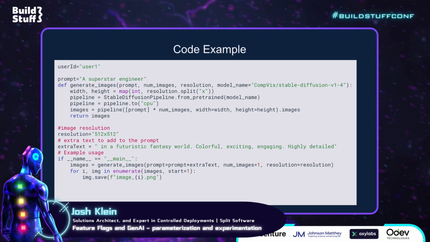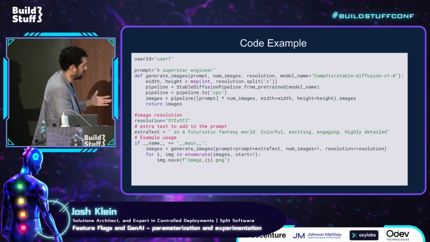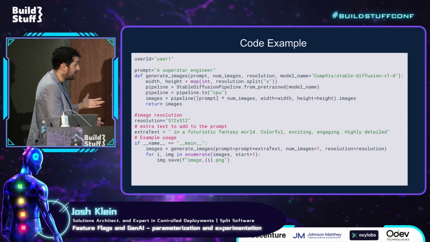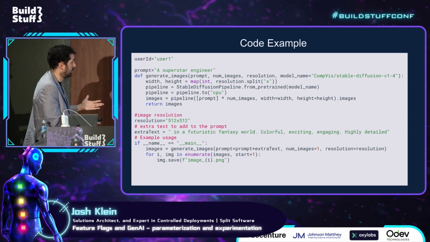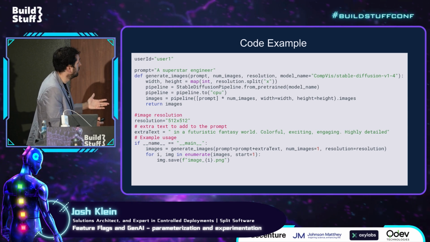This is basically a prompt to build an image, right? There's some parameters here. Let's see, does this have a laser pointer? Yes, it does. So stable diffusion is the model. This is the prompt. This is the resolution. And the idea is basically to generate an image based upon the prompt, one image at the resolution, right? So I hope this is readable enough for folks, hopefully in the back too.